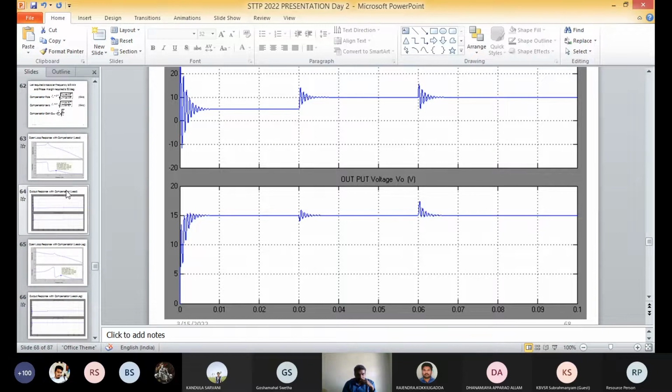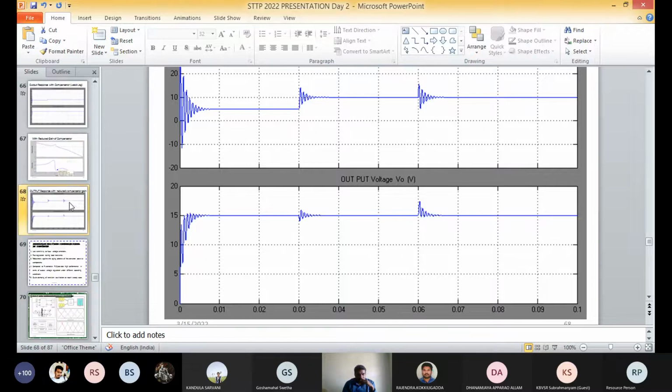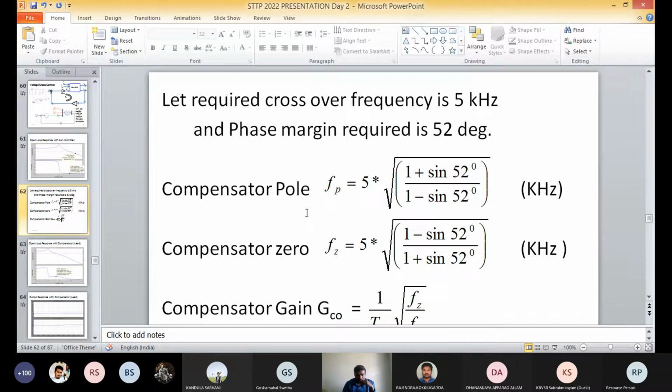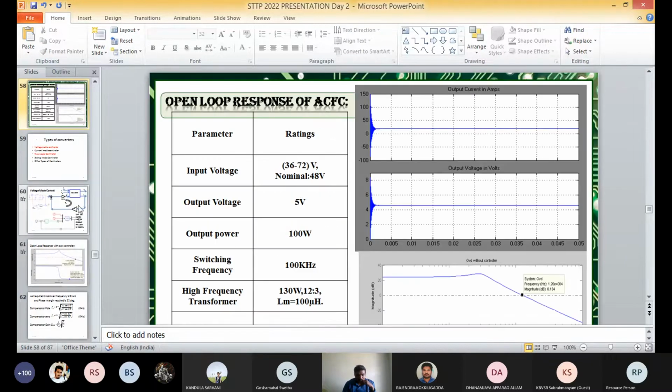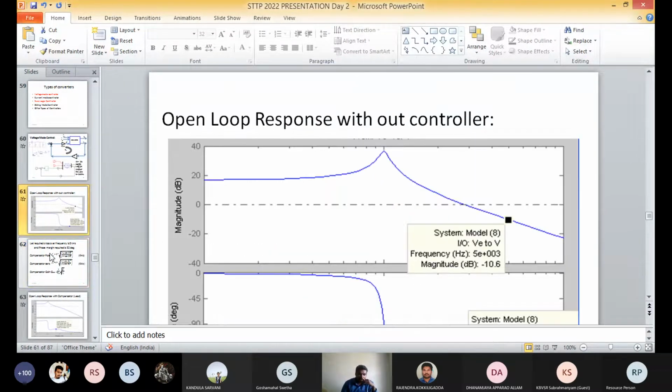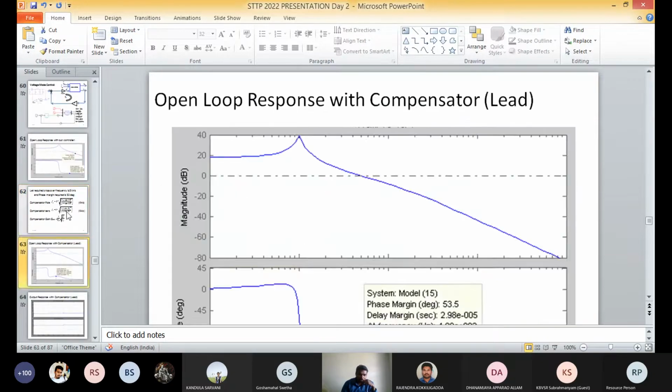This is the other approach, the third one. It is not a simple thing to design simply by the compensator pole and compensator zero; some expertise is needed. Whoever is working in the control system area can derive the compensator using this type of method.